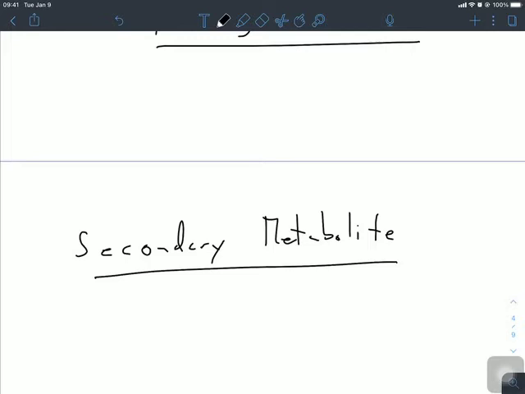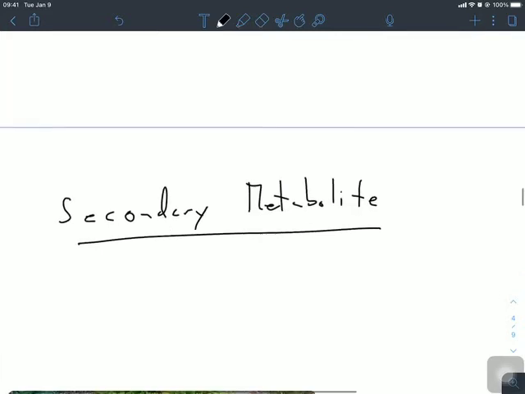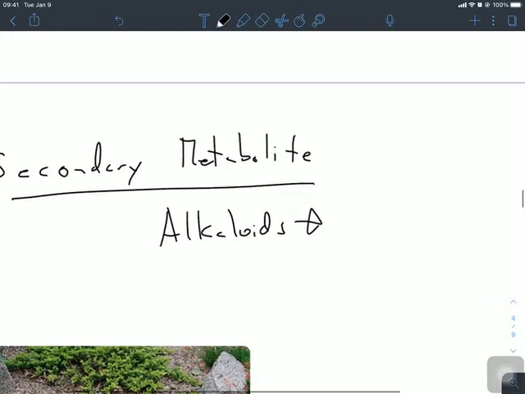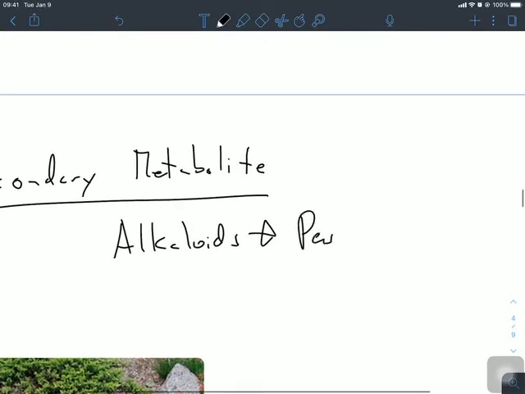These secondary metabolites, and the two categories of these secondary metabolites that we'll talk about today, are frequently alkaloids. And you will be very familiar with the pesticide role of some very common alkaloids. Just like we talked about some analogs of auxin being used as pesticides, that's a growth hormone that's necessary for plant growth, as we saw with the mutants.